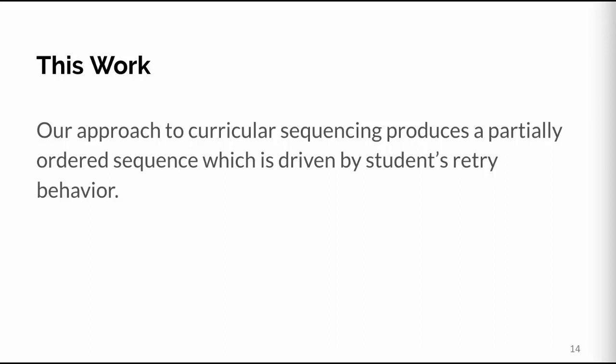Our approach to curricular sequencing, however, produces a partially ordered sequence which is driven by students' retry behavior. Inferring prerequisite structure of a mathematics curriculum by evaluating its impact on the number of retries is yet to be explored.